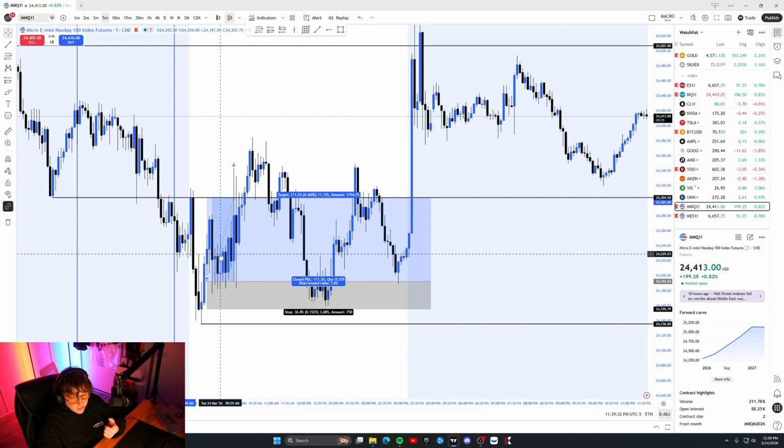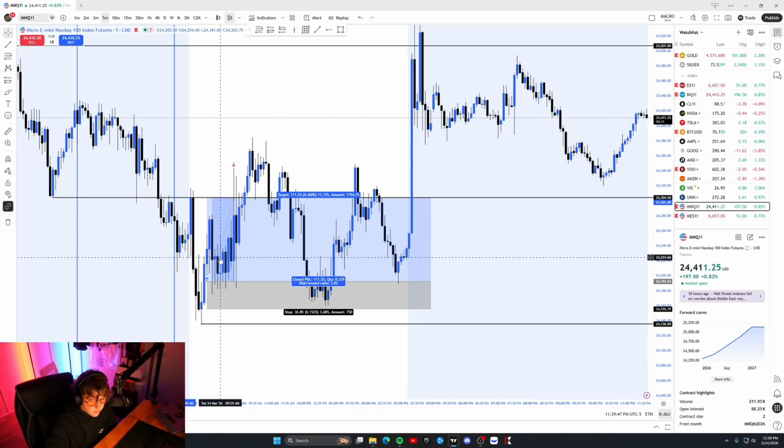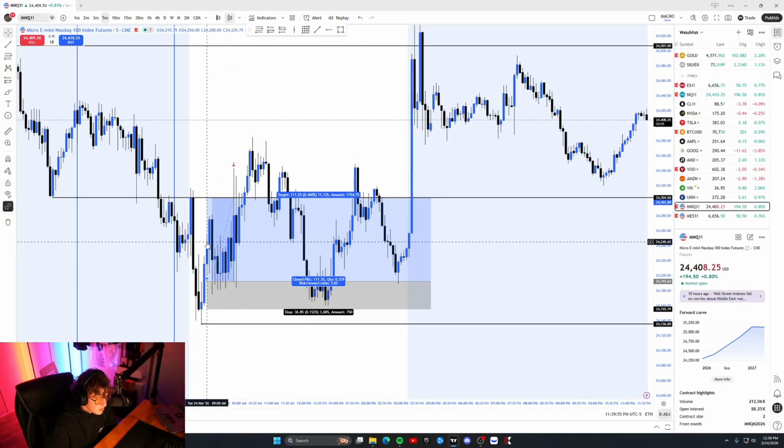So you want to find good rejection off the low, and then inverse it. That would be inversing a 15-minute gap, and then a fair value gap as well. So those are the three things that I like to look out for: rejection off the low, inversing the gap, and then a 5 minute candle and the continuation that you want to take the trade in. So that's pretty much it.